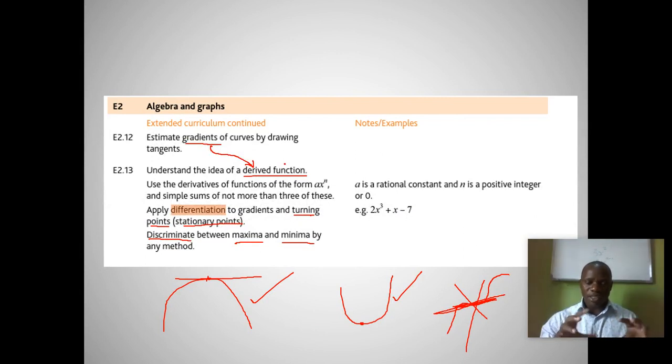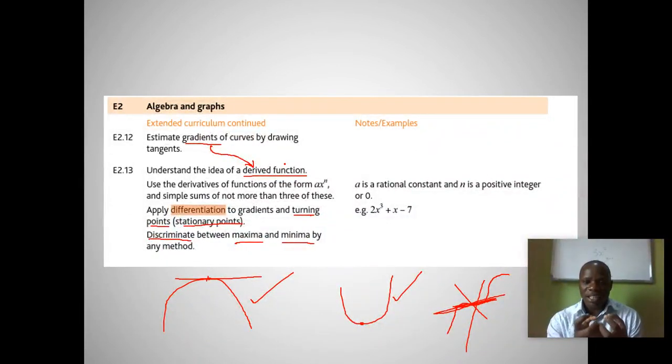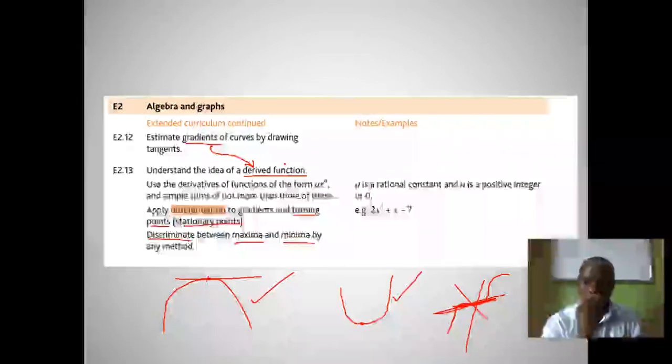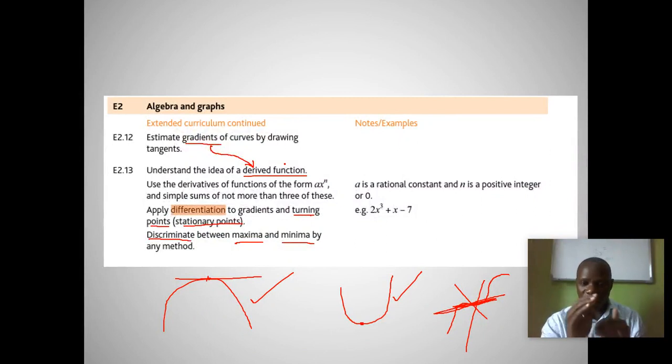What I'm going to have is an expression that expresses the gradient. So from that expression, we should be able to tell if it is for the maximum or if it is for the minimum, because there's going to be a certain point that we get which is for the maximum or the minimum point, which we also call the turning point, or the stationary point.